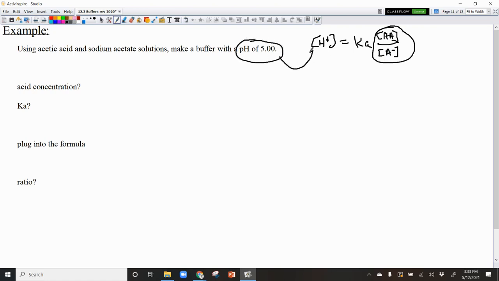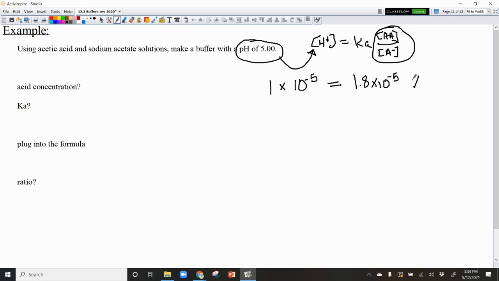And how do we get the hydrogen ion concentration from the pH of 5? Well, remember, it's 10 to the negative pH. So the hydrogen ion concentration is going to be 1 times 10 to the negative 5th. Okay, we can look up the Ka for acetic acid on our Ka chart. And when we do that, we're going to see it's 1.8 times 10 to the negative 5th.